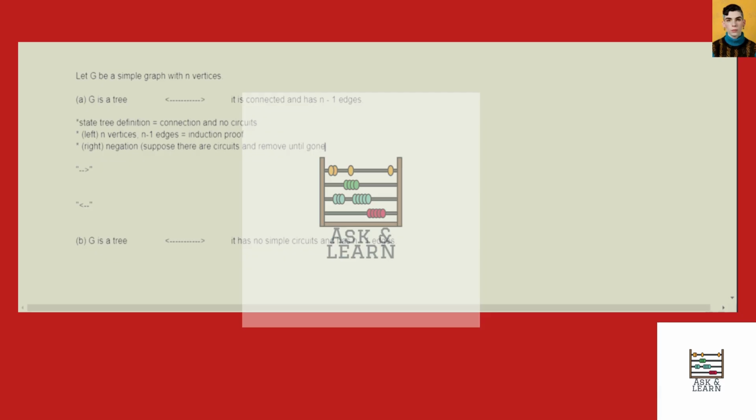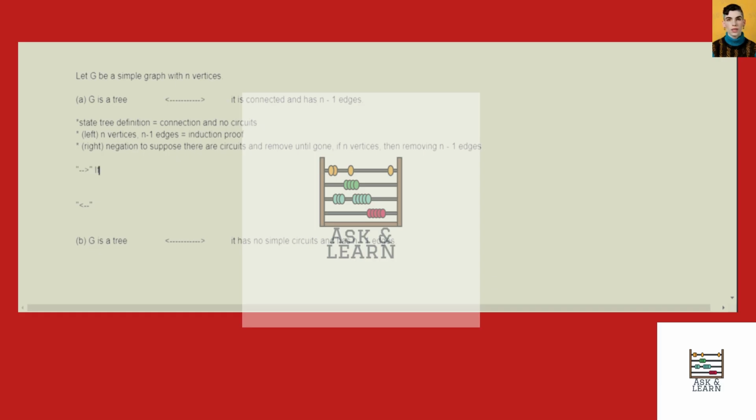What I want to show is that if there are n vertices, then I will be removing n minus 1 edges until I get to the point I can't do that anymore. So once you remove the circuits and there's connections there, then there's going to have to be n minus 1 edges. Okay, so I am going to go ahead and start on the proof.